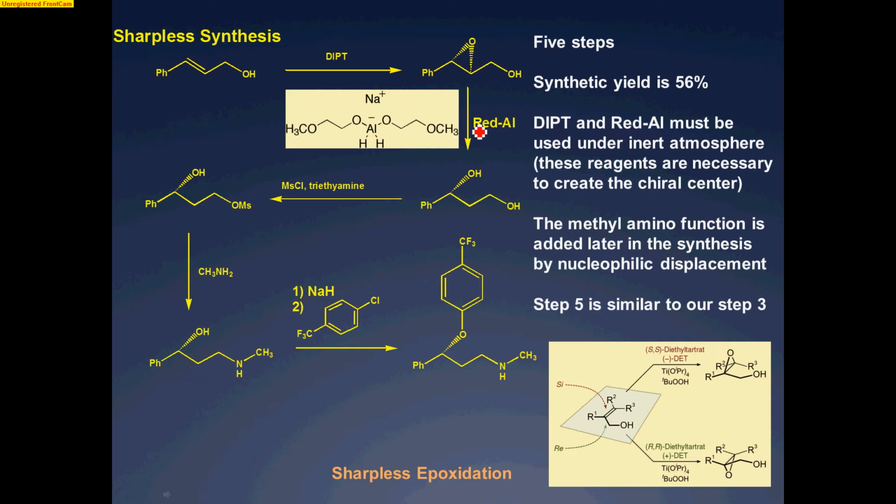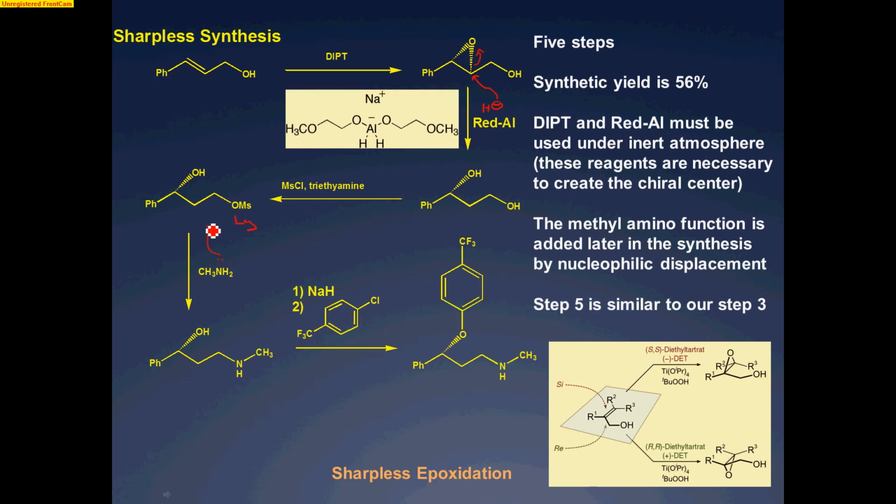Then you can use a hydride reagent, so imagine a hydride reagent coming in, reacting there to give you this enantiomerically pure alcohol, and then you make a mesylate out of this, which is basically making this into a leaving group. You then react that with a nitrogen.